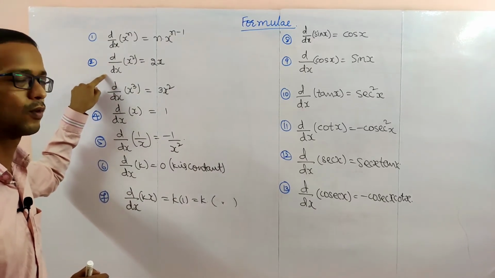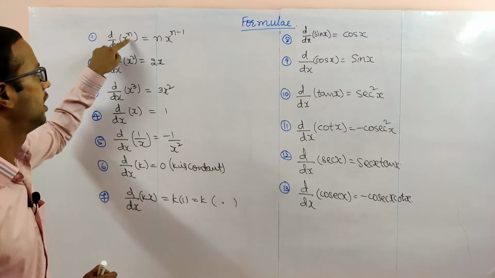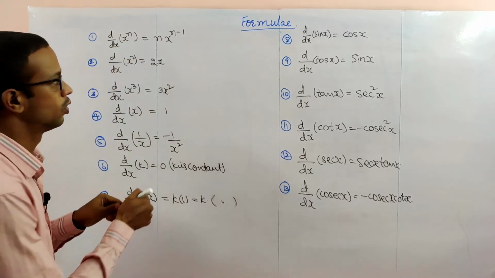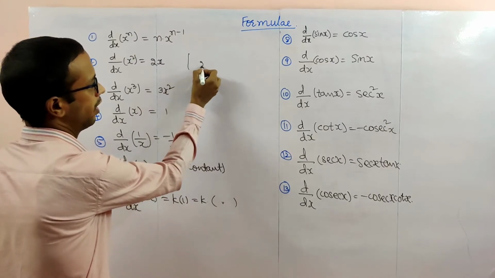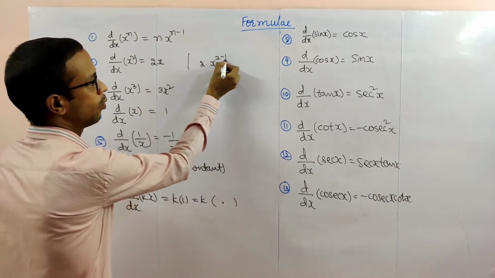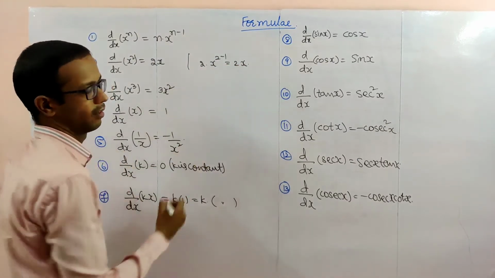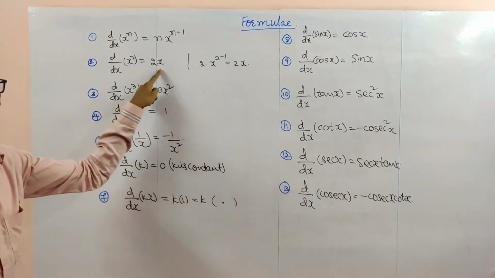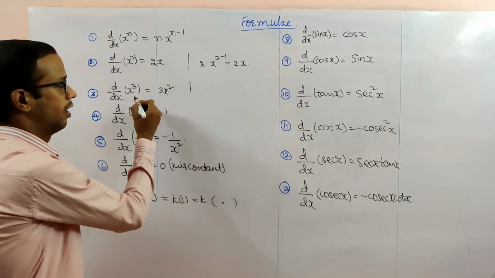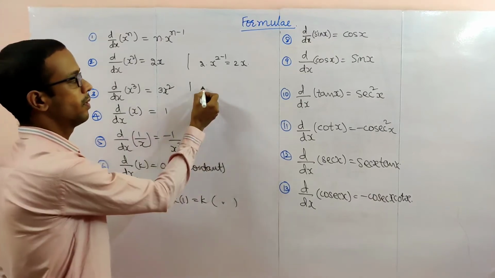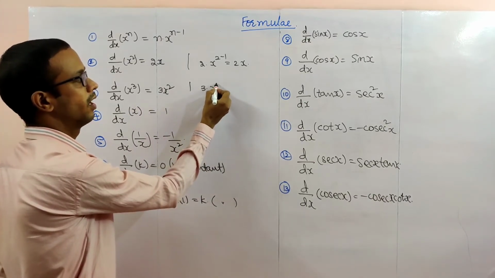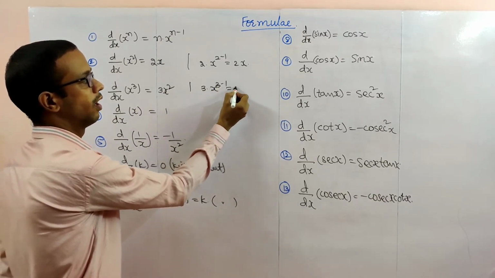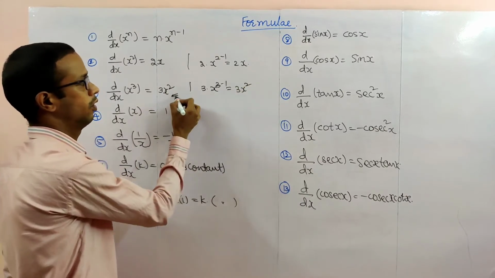Derivative of x square: here the n value is 2. So I will simplify: 2 into x power 2 minus 1, that is 2x, since x power 1 is x. So this is the way. Next, x cube. The derivative of x cube is 3 into x power 3 minus 1, that is 3 into x square.